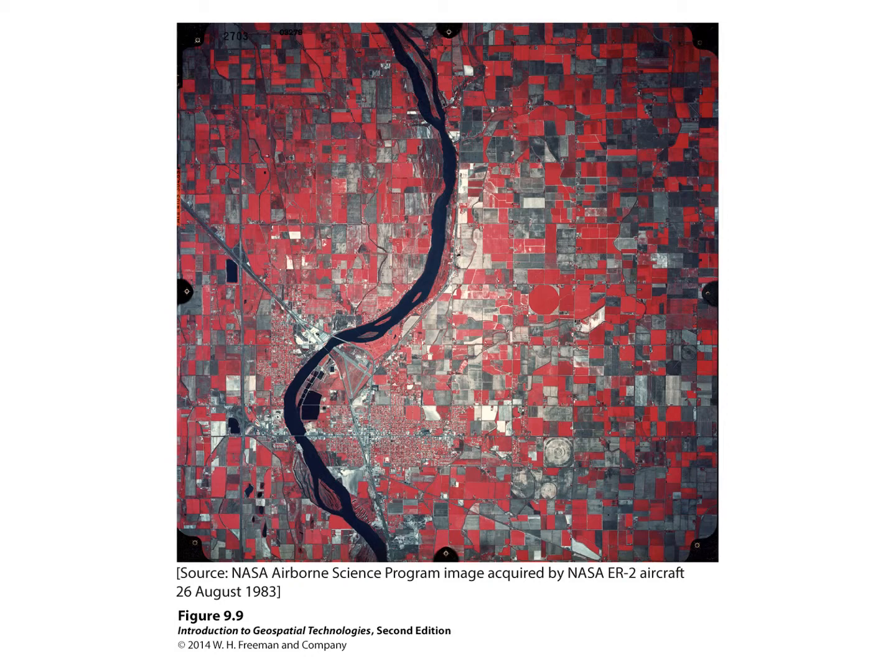Or well, no, that's not exactly right. You can think back to the previous slide. Basically what we're doing is anything that's black in this one should be blue, anything that's blue in this one should be green, anything that's green in this one should be red, anything that's red in this one should be in the near infrared.